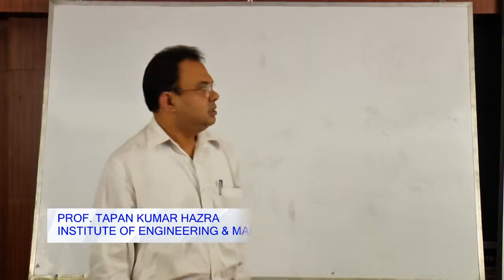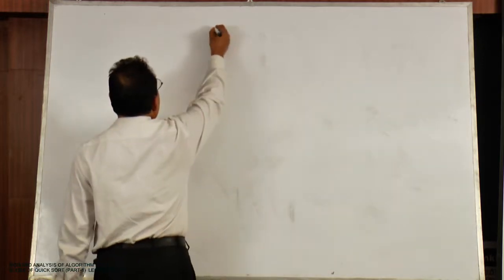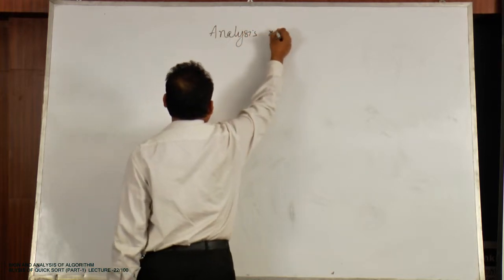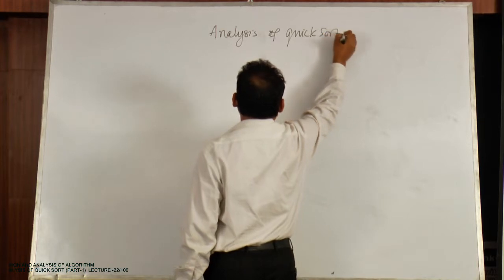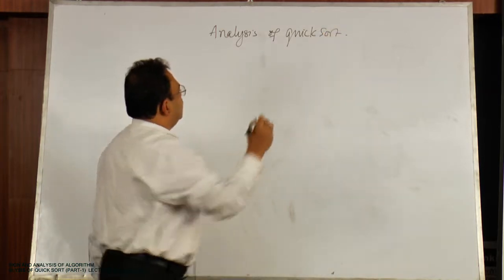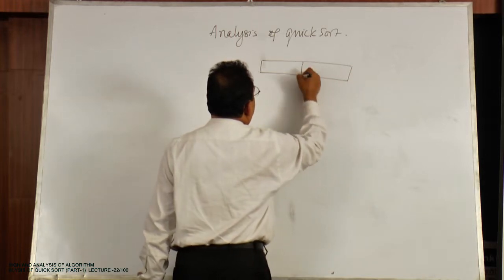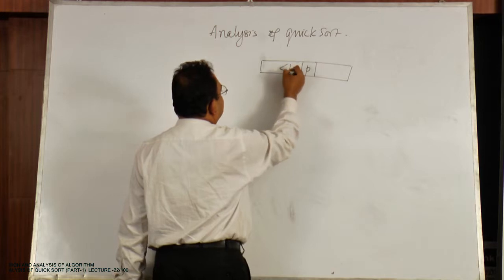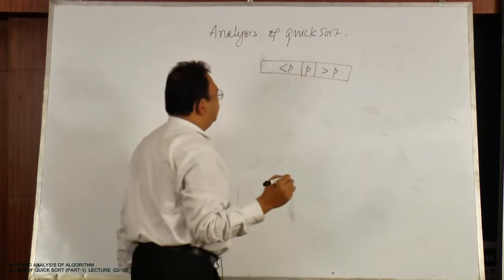Now, let us analyze the complexity of quicksort. Let us consider an array of n elements. As we have discussed, if this is the position of the pivot, all elements less than p are in the left and all elements greater than the pivot will be in the right.